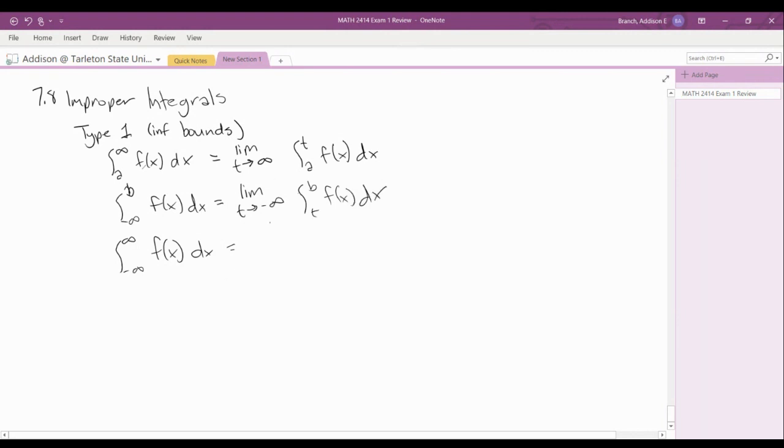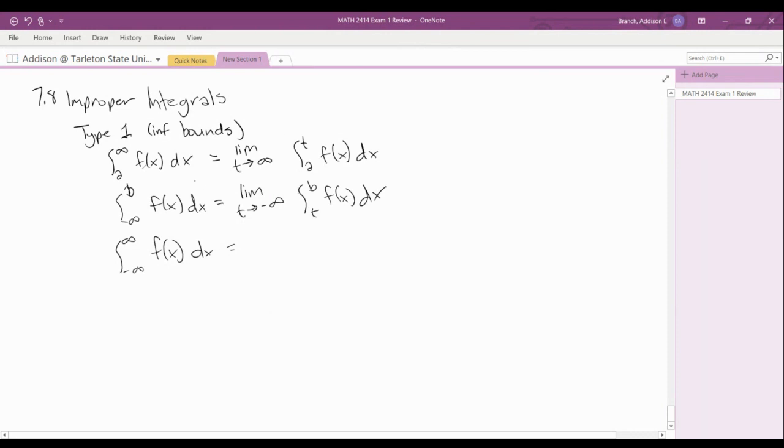Now, if we have a situation where we go from negative infinity to infinity, we're going to have to break this up, since we can't have 2 limits within the same integral. So we can pick any arbitrary point that we want and call that point a.